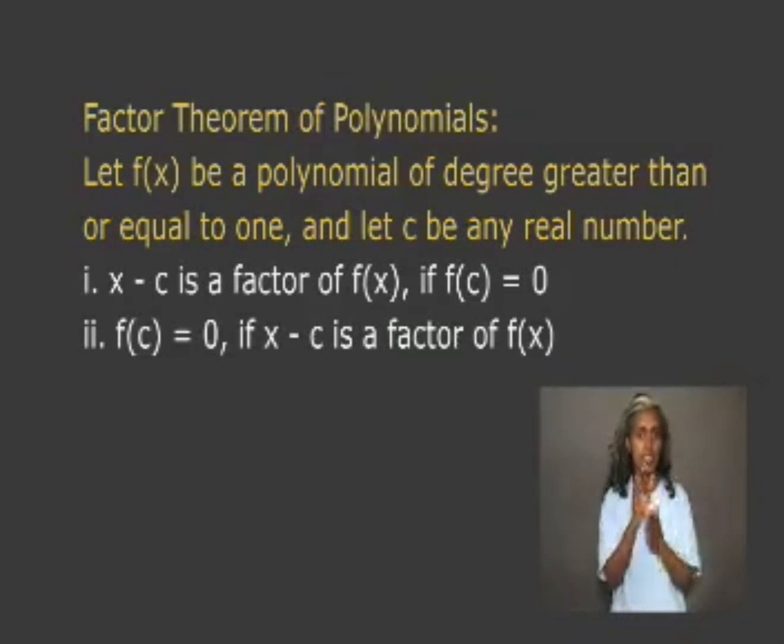In that case, x minus c is a factor of f of x if f of c equals 0. Conversely, f of c equals 0 if x minus c is a factor of f of x.